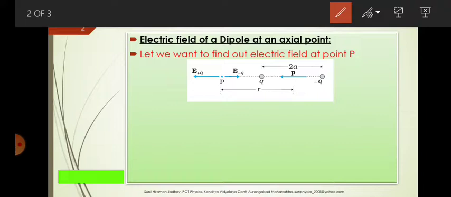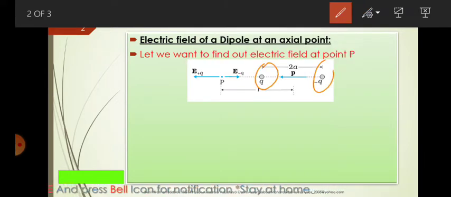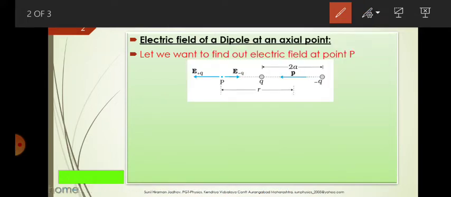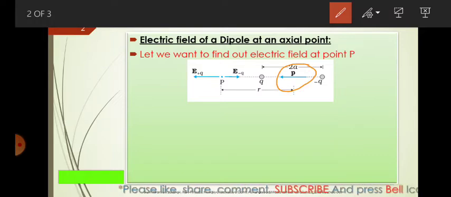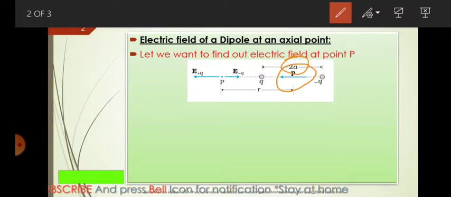We have two charges, plus q and minus q, and you can see a blue colored vector. This vector is the dipole moment, and the distance between these two charges is 2a.